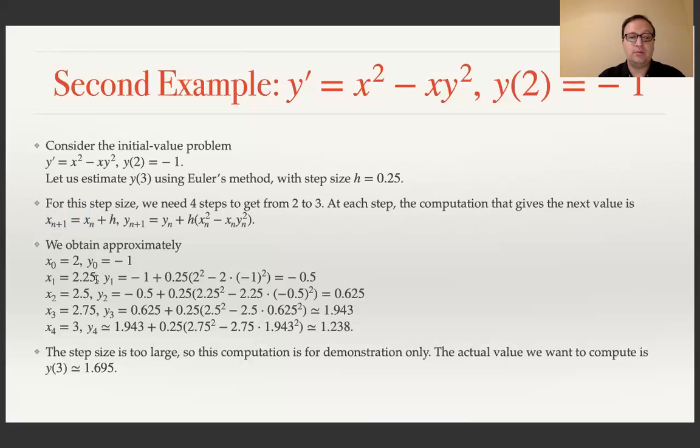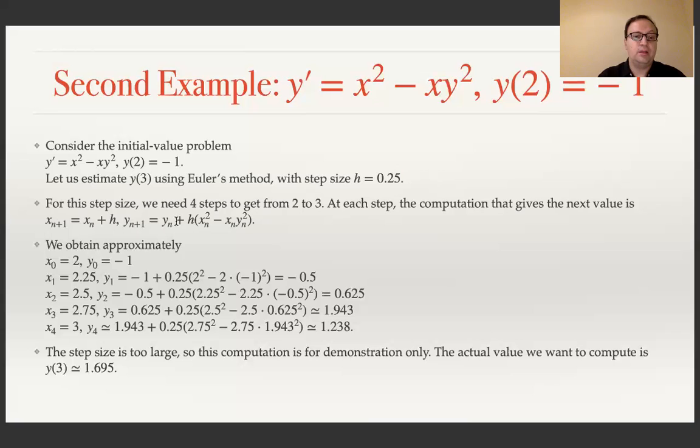So each time we go to the next point by adding the step size 0.25, and the next approximate value will be yn plus 1 is equal to yn plus h times f of xn and yn. So what is f here? F of x and y is x squared minus xy squared. So f of xn and yn is xn squared minus xn yn squared.